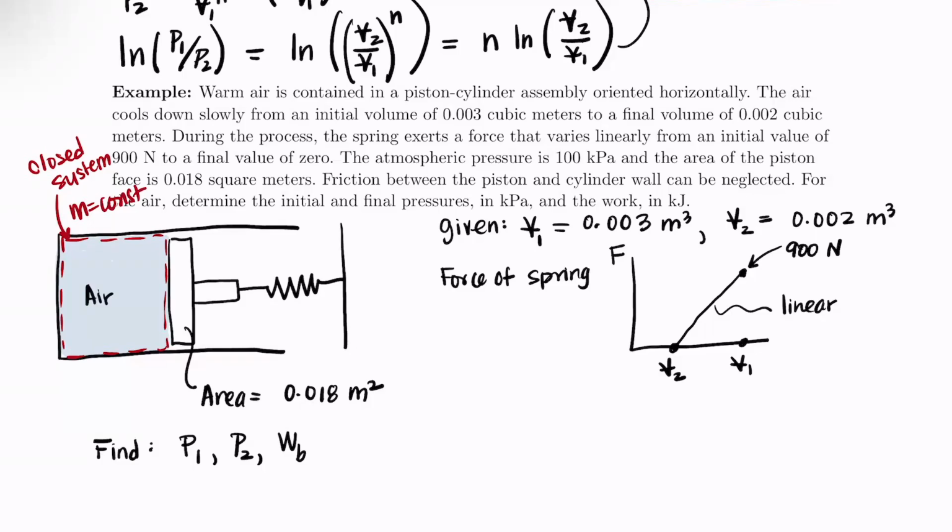We're making a few assumptions, so we should list them. So we are assuming negligible friction. We are assuming the process is slow enough for quasi-equilibrium.